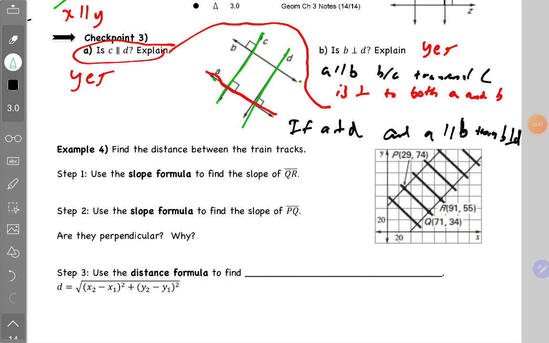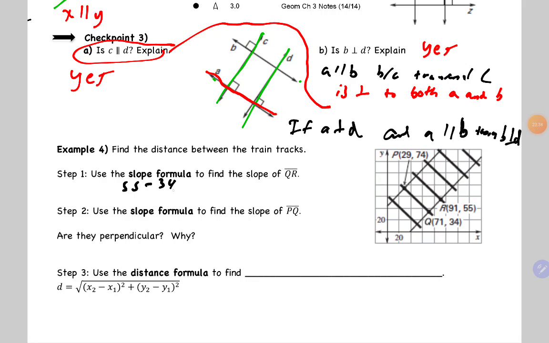So from here to here: 55 minus 34 over 91 minus 71. Again, that's y2 minus y1 over x2 minus x1. And we're going to get 21 over 20.